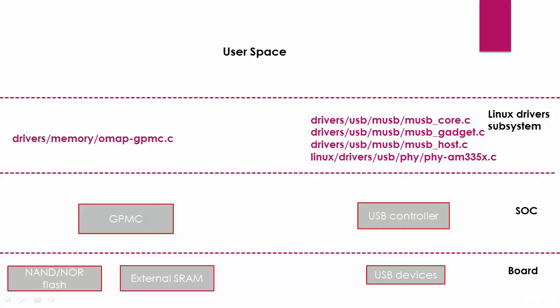The GPMC is a unified memory controller dedicated to interfacing external memory devices. And you can find the driver for this controller at this location. And the drivers for the USB controller supporting the device, host and OTG capability you can find at these locations.